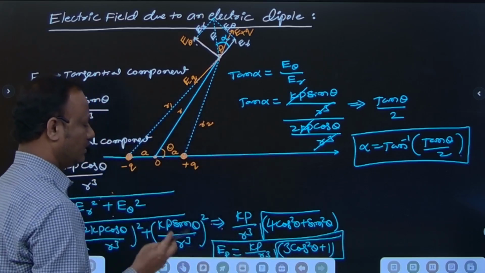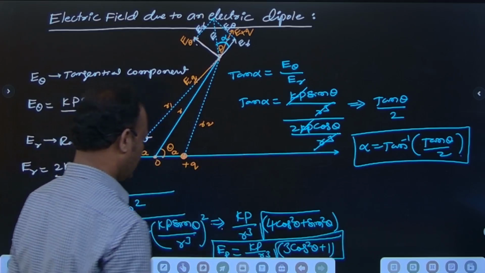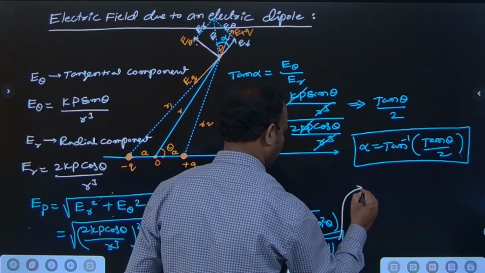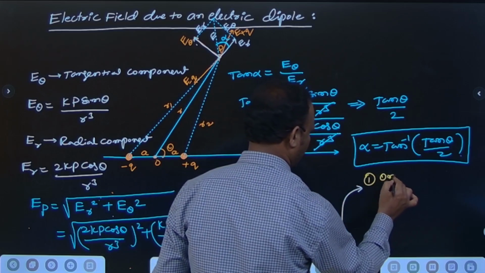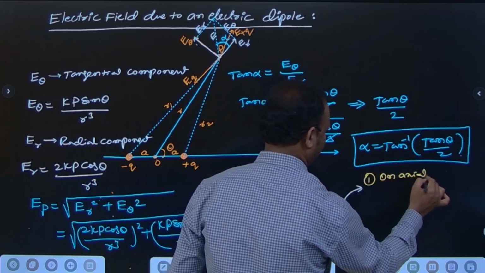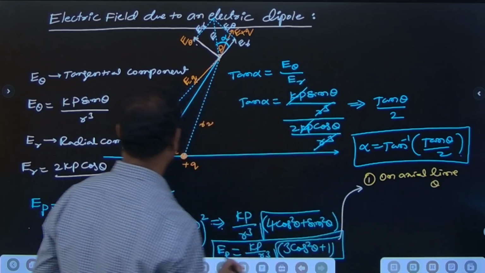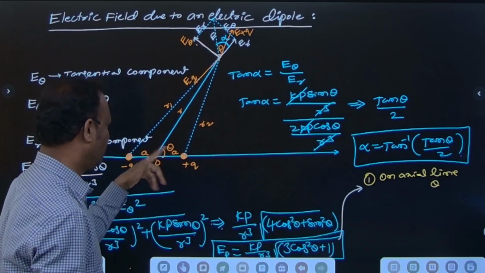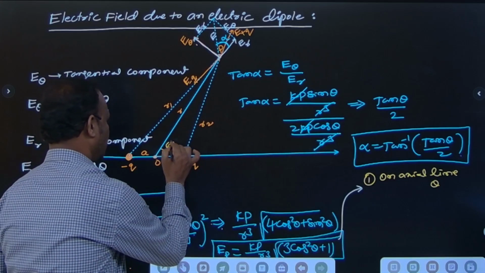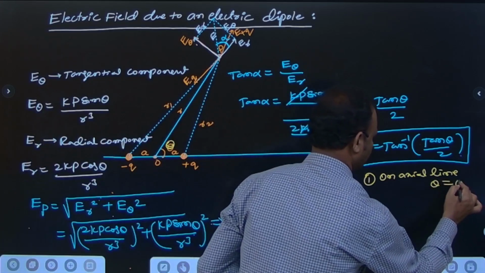Next, I want to talk about the axial line. For the axial line, theta is the angle made by the point with the dipole. So theta is equal to 0 degrees.